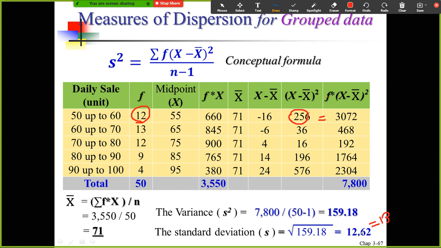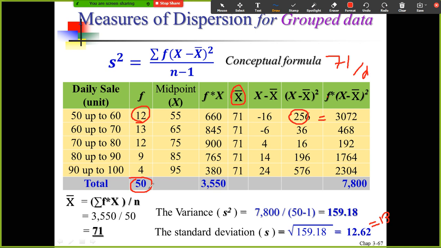In order to interpret 13 or 12.6, we need to start from the mean. Based on the table, there are 50 sellers, and each seller has the ability to sell a different amount of product every day. But we suppose that among the 50 sellers, the average ability of each seller to sell is 71 units per day.